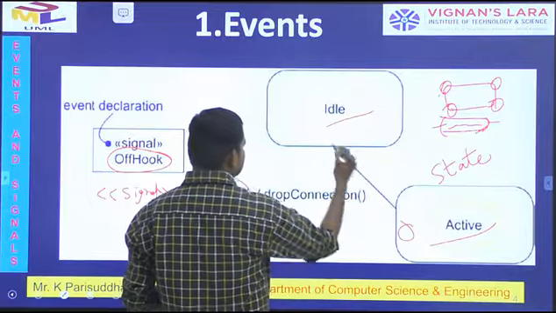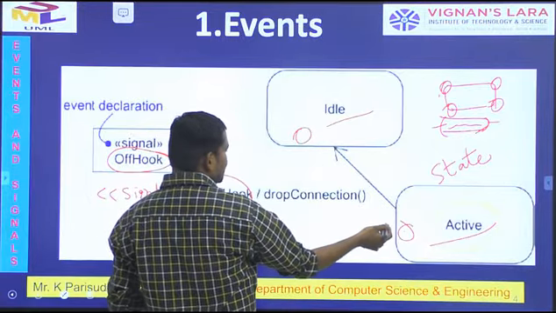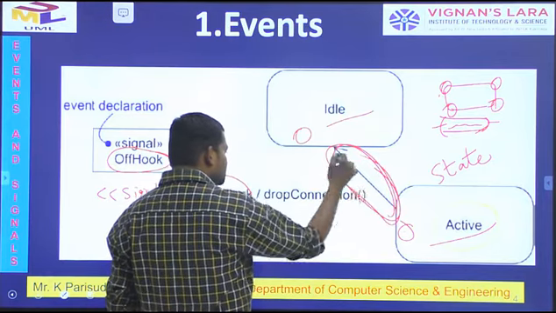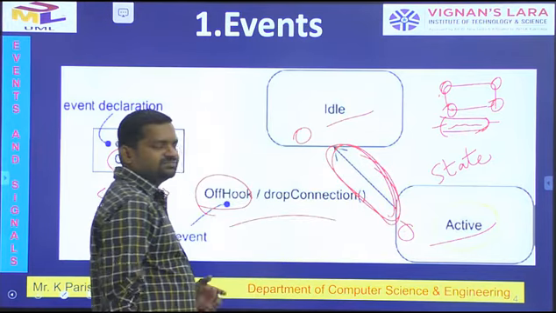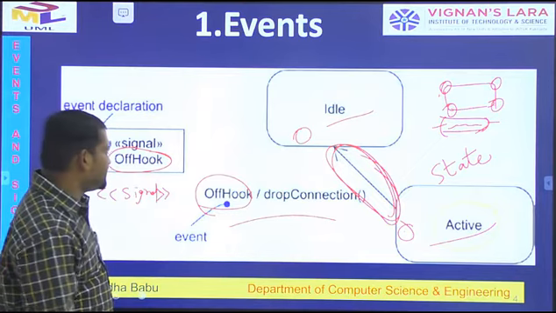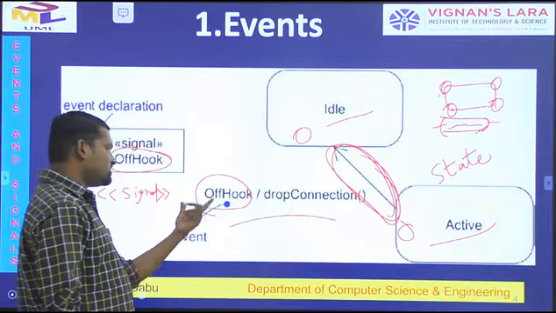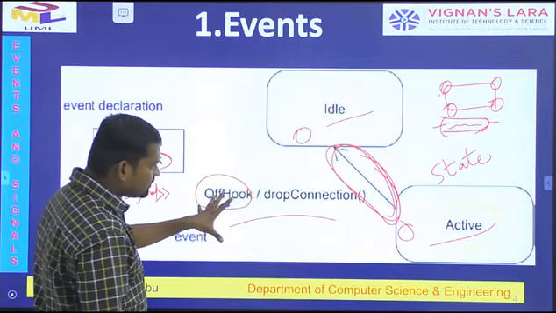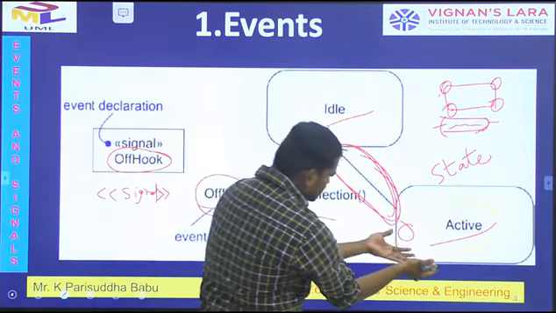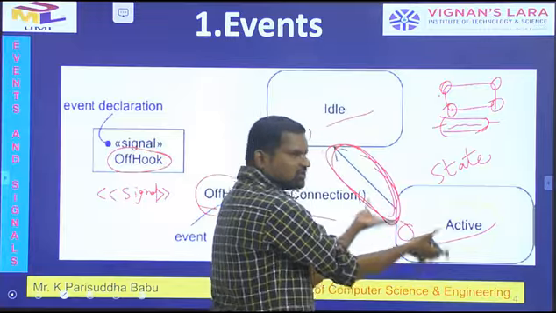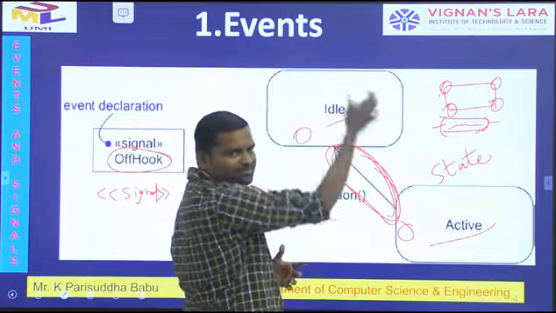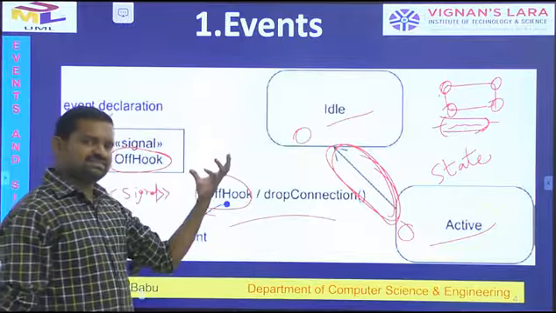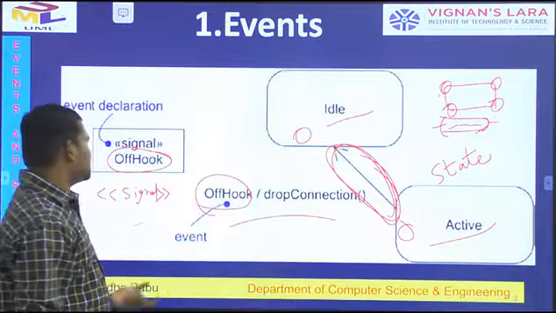This is one state, this is another state. In between the transition of the states, the event will occur. So when the transition is performed from the active state to the idle state, information is passing, and at that time the event will automatically be raised. That is an event.